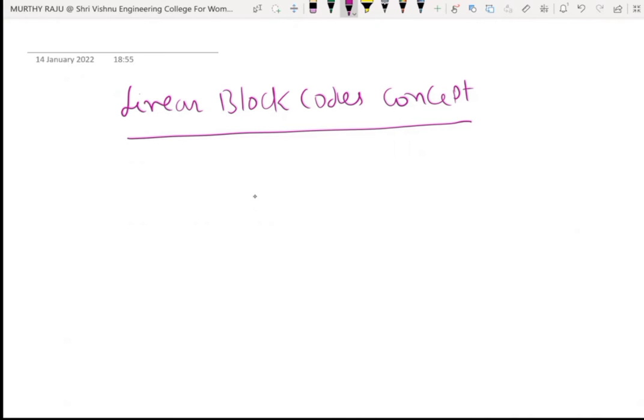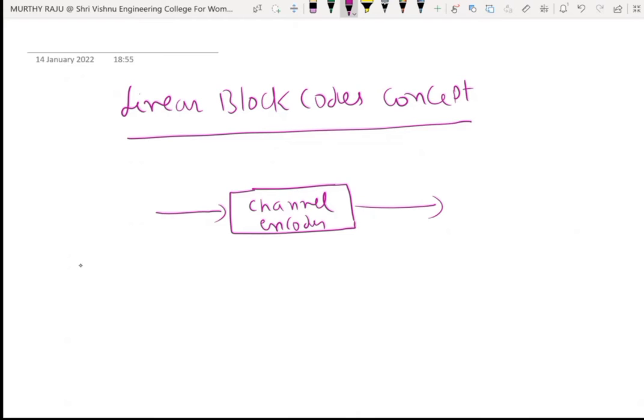First of all, consider this one is the channel encoder. The channel encoder adds extra bits, that means redundancy, to the message bits.